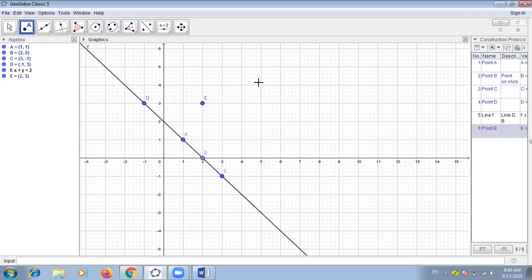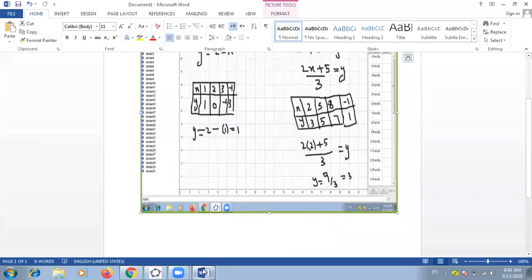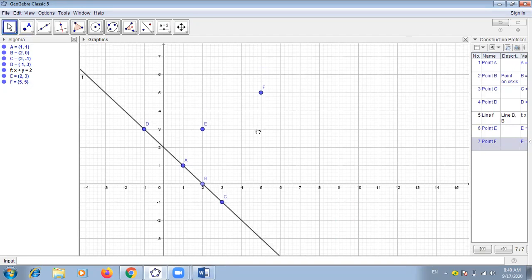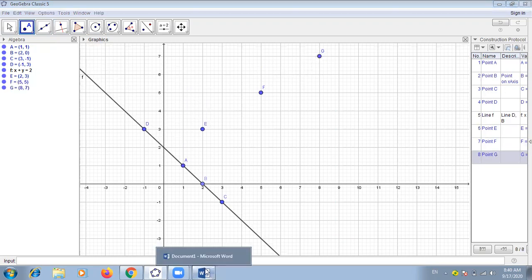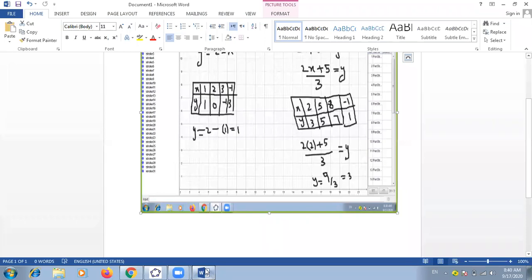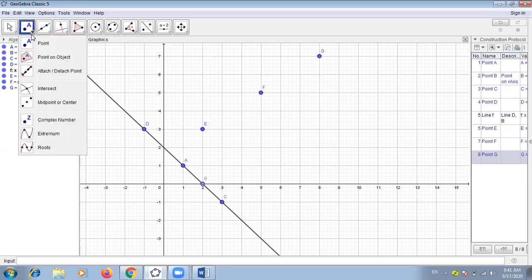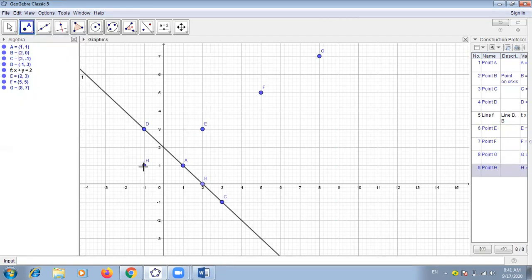In the same way I plot x8, y7, so I plot the point here. And the last point is x minus 1, y1, minus 1 and 1. So I plot the last point here.